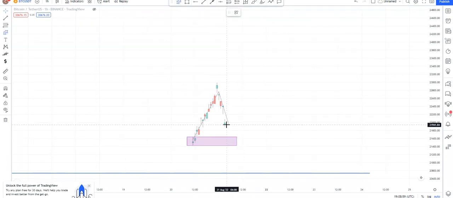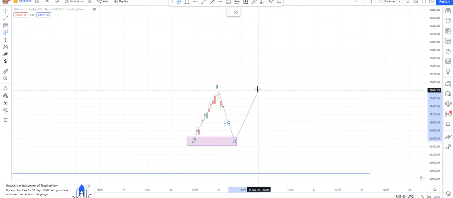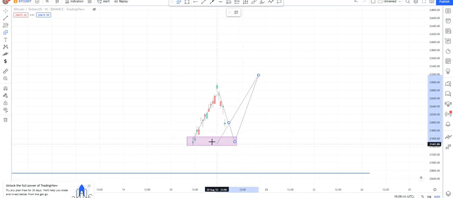Once price comes down to hit that order block area, the price has mitigated that order block. If price should continue higher, it will not come down to this initial block again. This will not be the order block that price will respect next time it comes down.